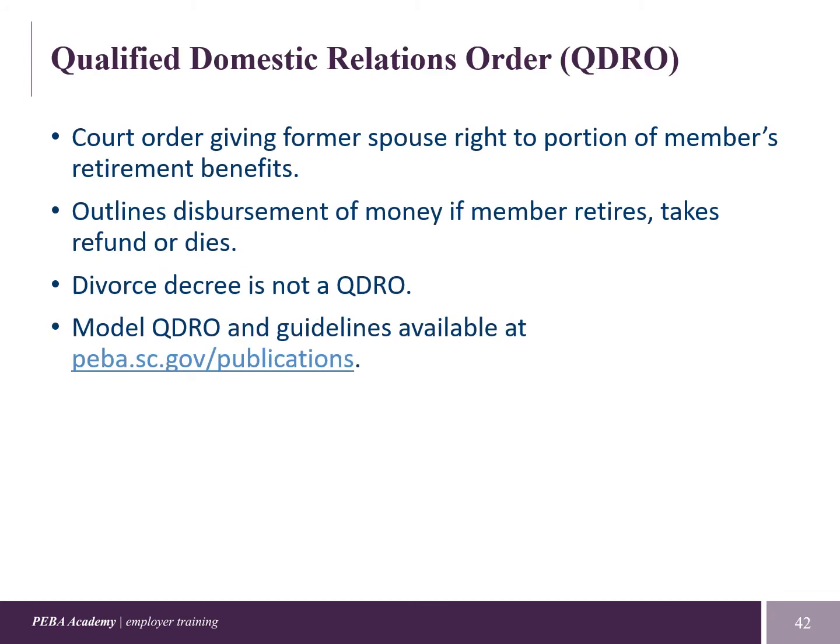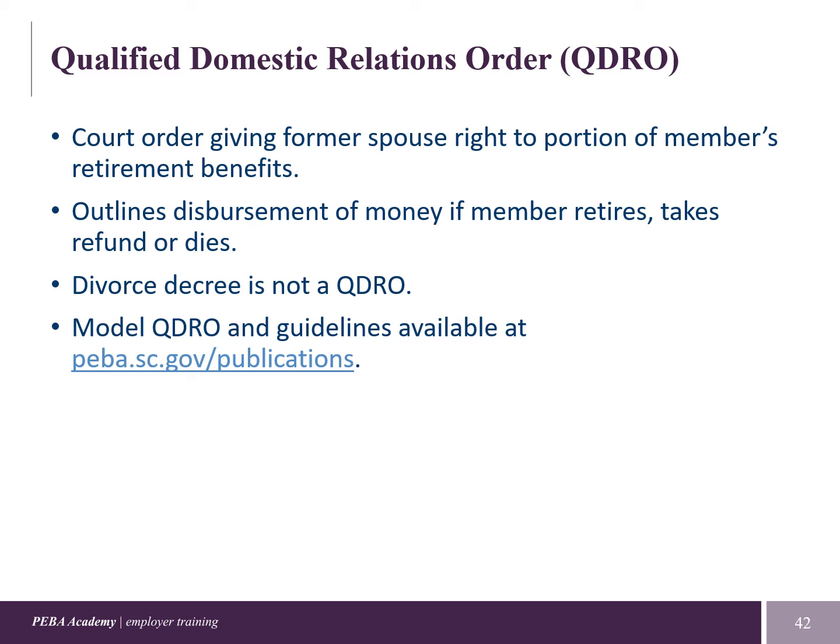A qualified domestic relations order, or QDRO, is a court order giving a former spouse a portion of a member's retirement benefits. A QDRO must provide for how benefits are to be divided for all applicable distribution scenarios, including the member's retirement, refund of contributions upon termination, or death.